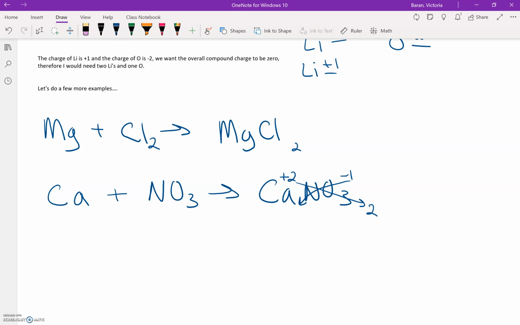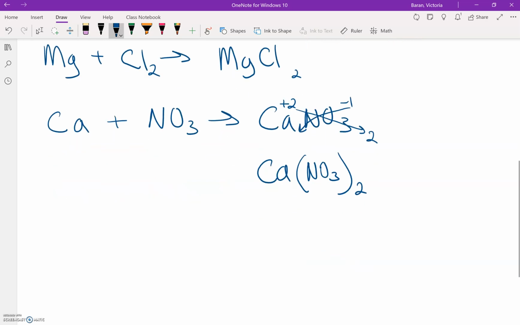Now, here's the thing with the polyatomic ions. Because you're treating this as an individual, you're going to have to put it in parentheses. So I'm actually going to write my final answer down here. So we know the calcium has a 1, but we don't have to write it. And we know the NO3 is going to have a 2. So what we do is we put that NO3 in parentheses because we're treating it as if it were an individual element, and I would put the 2 on the outside.